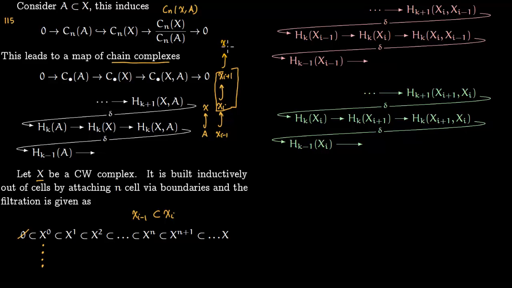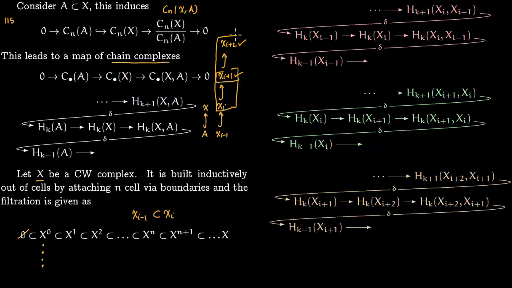You can consider X_{i+2}, and now you have this pair: X_{i+1} is contained within X_{i+2}. So you can have another long exact sequence which corresponds to this pair. So basically we are just repeating this long exact sequence which we learned from Hatcher, page 115.